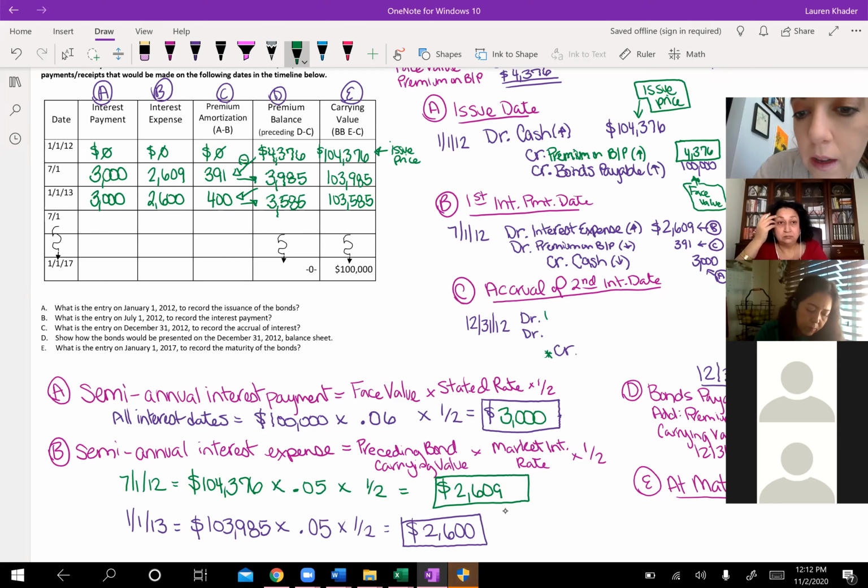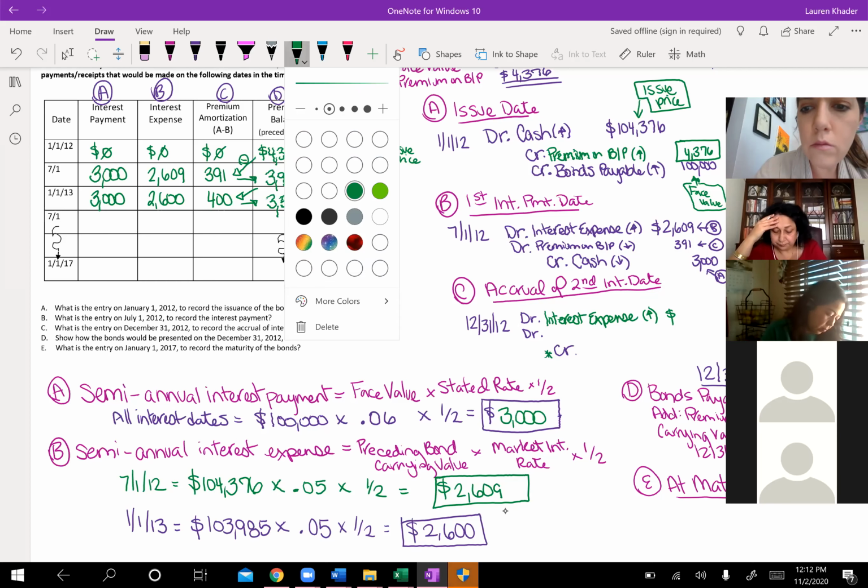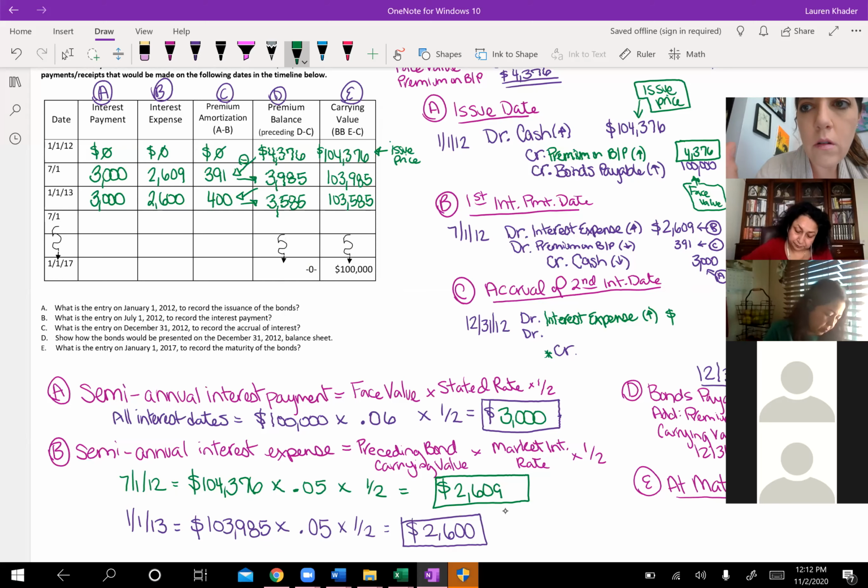We're going to debit interest expense, increasing interest expense for the 6 months between July 2nd and December 31st for $2,600. And that comes from column B.